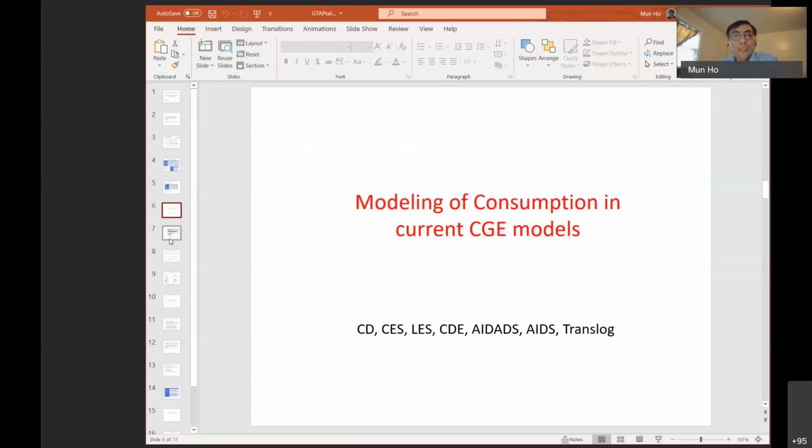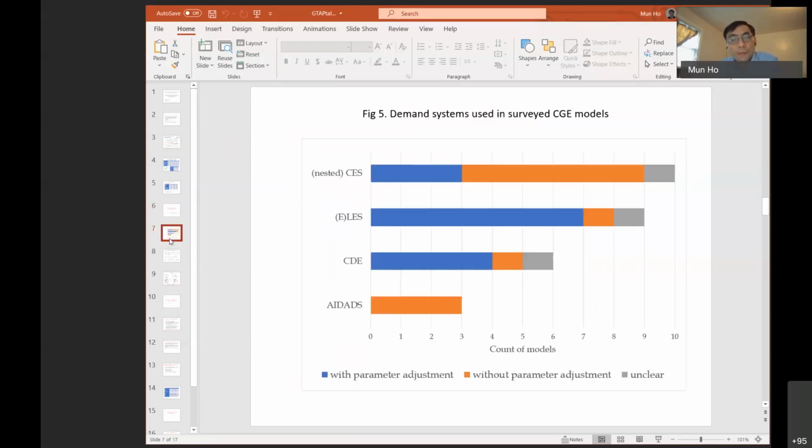So in the next part of the paper, we talk about the actual functional forms that are used. So here is a result of the survey that we sent out of the different functional forms for consumption. The CES is the most popular, and the LES, but CDE also has 6 out of the 50.